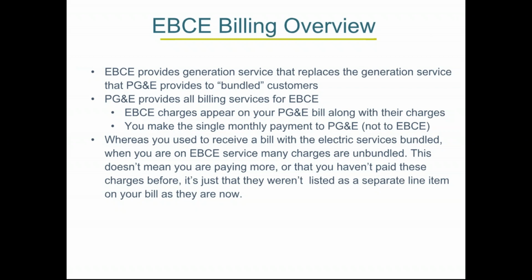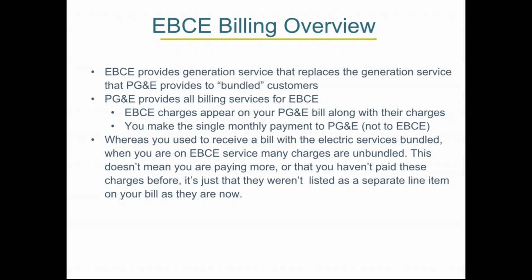And for that reason, PG&E provides a credit on your bill. So remember that PG&E provides all of the billing services. We don't send you a bill. All of the charges that we have appear on your PG&E bill, and you make a single bill payment.